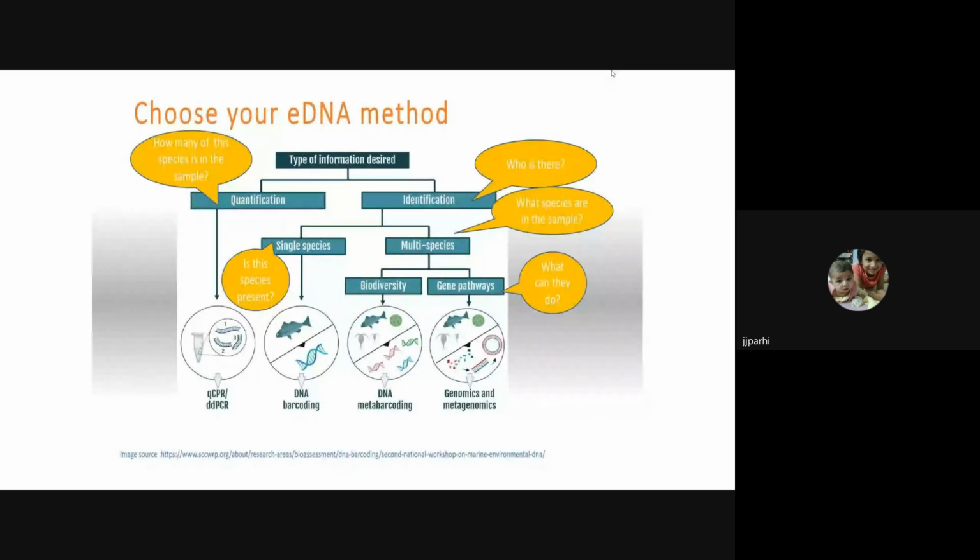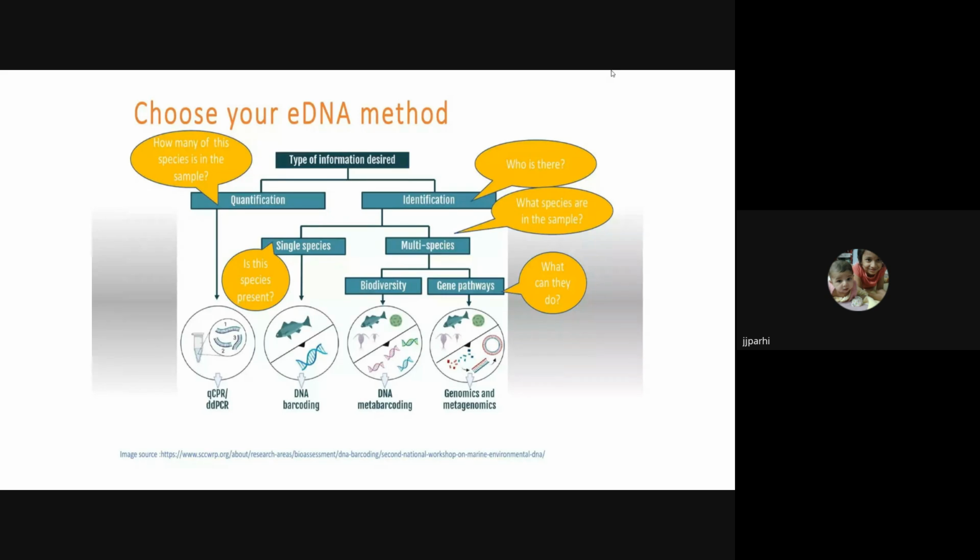Identification means what are they? Identification can be single species or multi-species. For single species, we want to know whether this X species or Y species is present in a particular region or not. In that case, a direct approach is DNA barcoding.